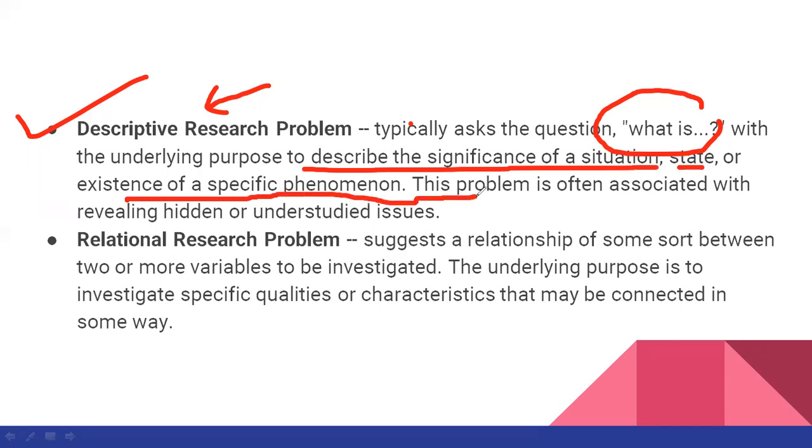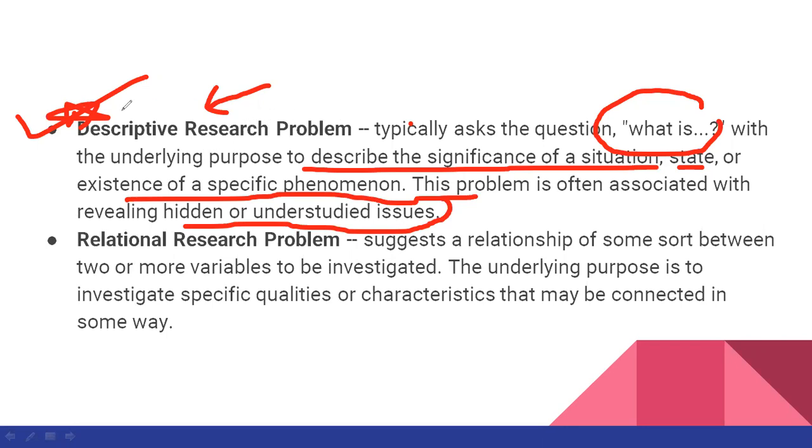This problem is often associated with revealing hidden or understudied issues. This is very important. In fact, some of you have already qualified the UGC examinations, NET, and the PhD entrance test also. You have faced this type of questions.